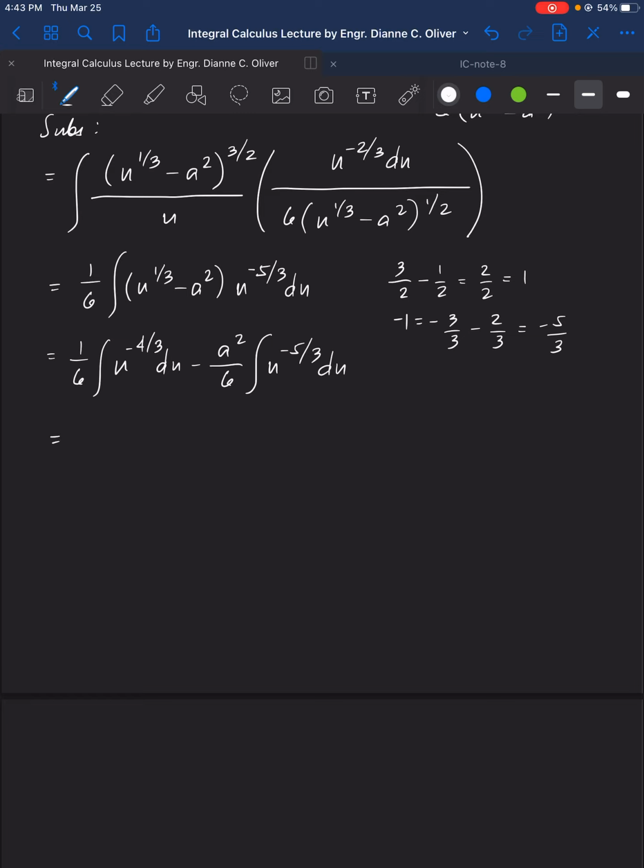So we can use the power formula here. 1 over 6 u raised to negative 4/3 plus 1. Negative 4/3 plus 1 is negative 1/3. Then whatever happens to the exponent will happen here in the denominator.